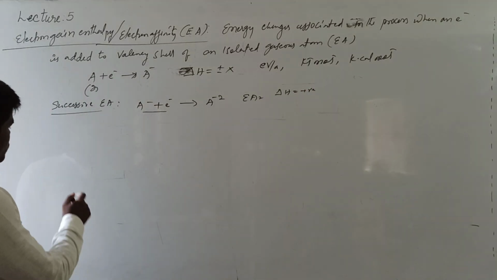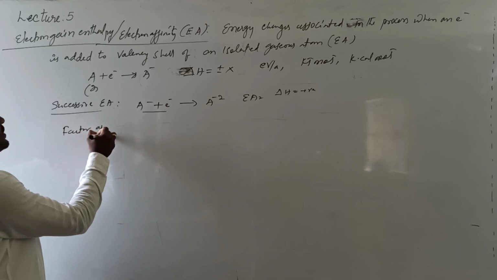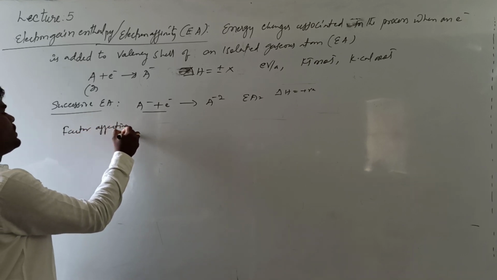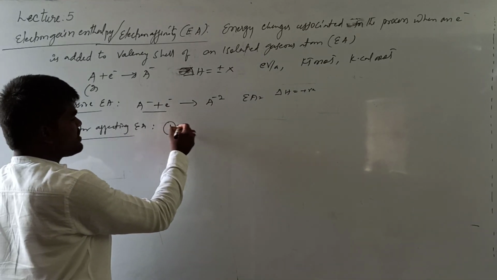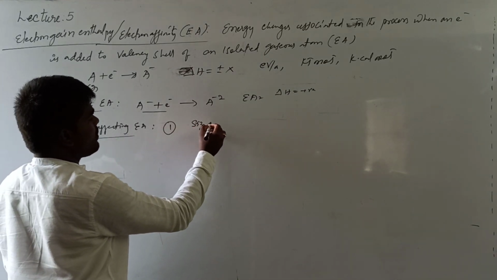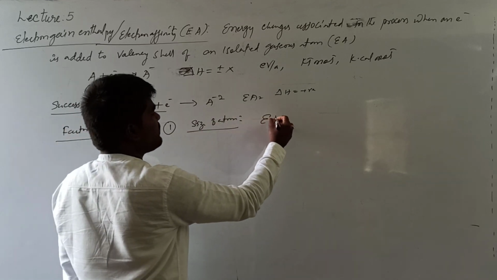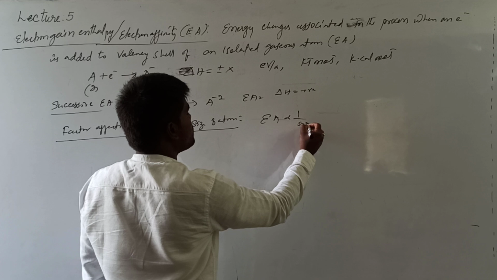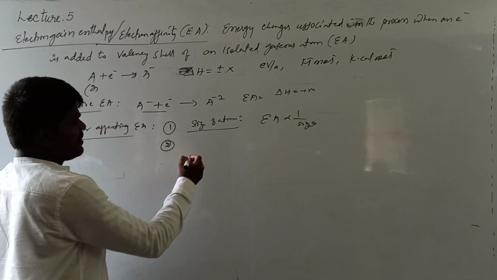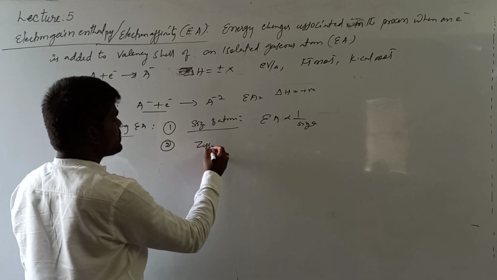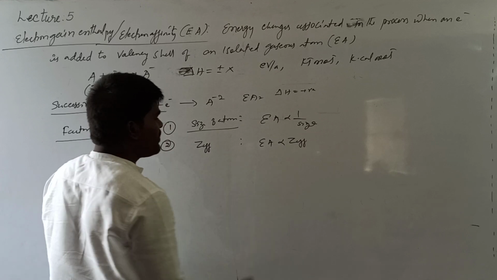If you are talking about factors affecting electron affinity, the first factor is the size of the atom. Here electron affinity will be inversely proportional to the size. Right? The second factor is effective nuclear charge. Electron affinity will be directly proportional to effective nuclear charge.